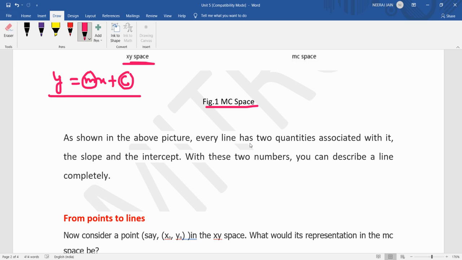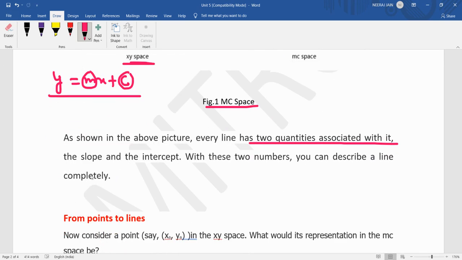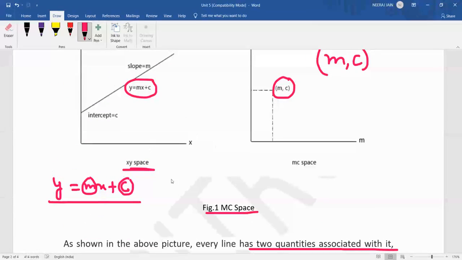Every line has two quantities associated with it, the slope and the intercept. With these two numbers we can describe a line completely.